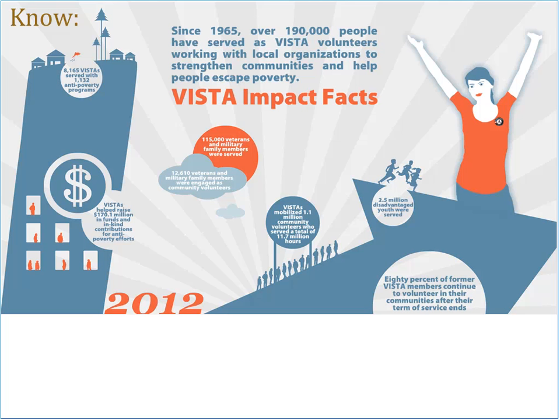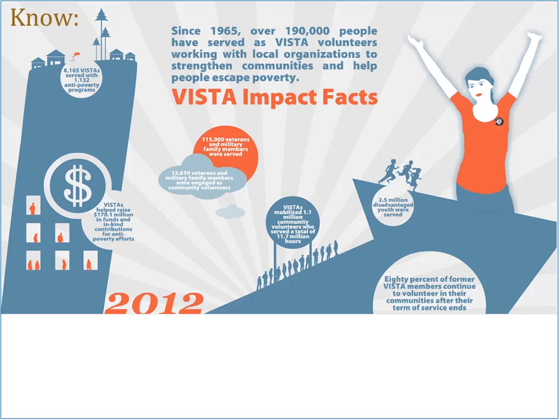So over the last 49 years, 190,000 VISTA members have served and contributed in many ways in helping people move out of poverty. For example, VISTA members have helped raise $170.1 million in funds and in-kind contributions for anti-poverty efforts.